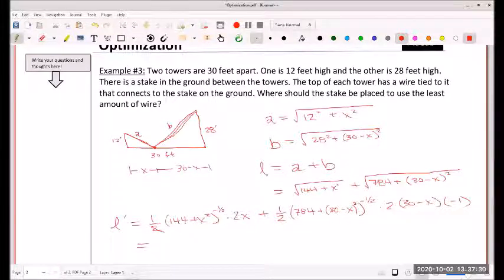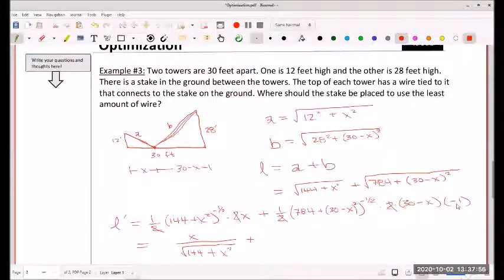The 2's will cancel here. This will give me an x divided by the square root of 144 plus x squared, plus over here, I can cancel the 2's.